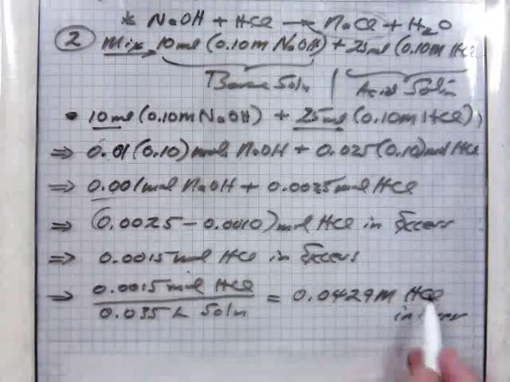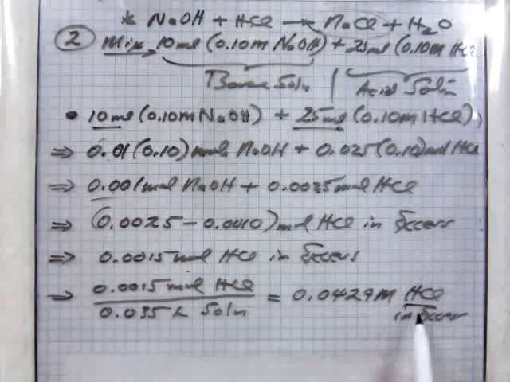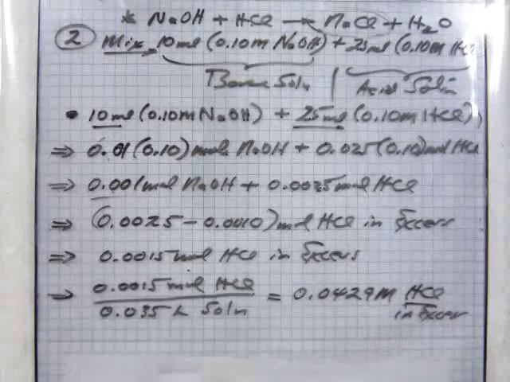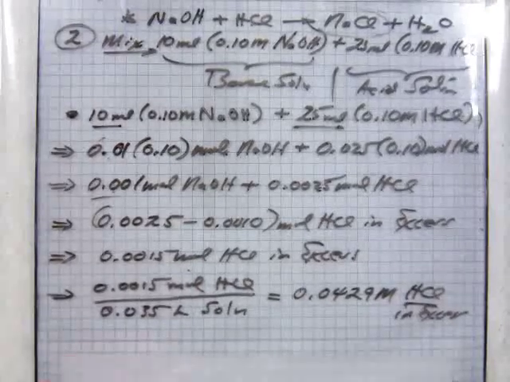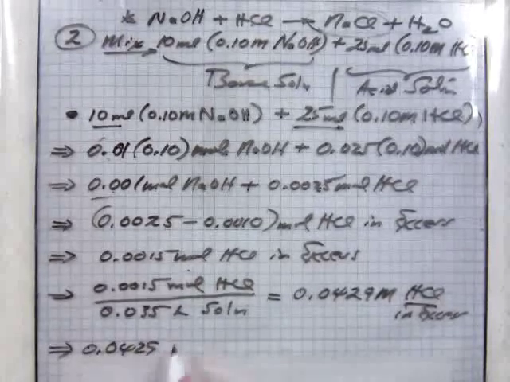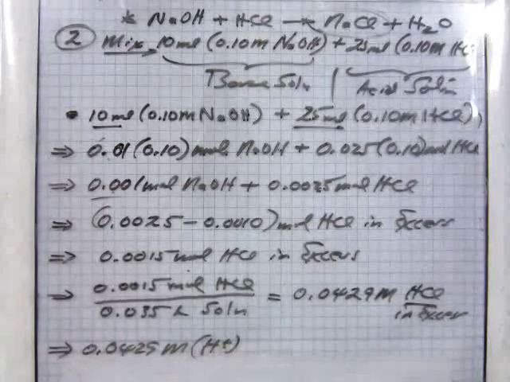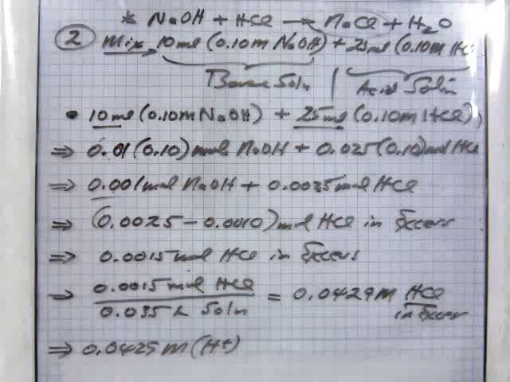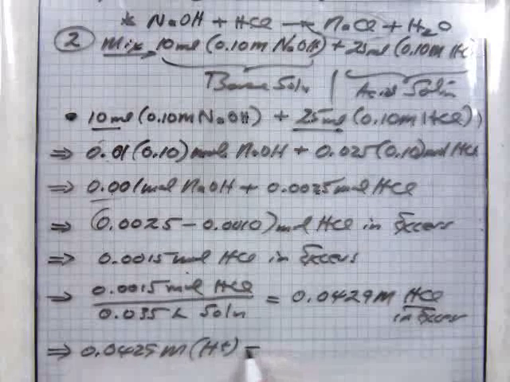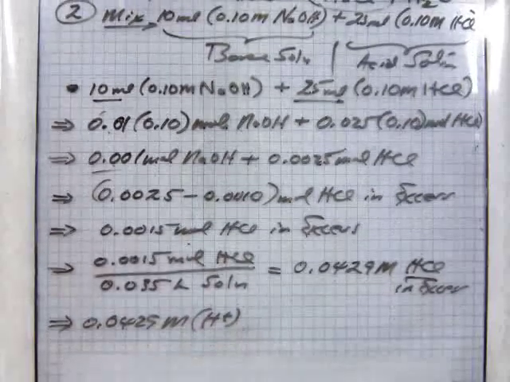Well, this is a strong acid. So while it generates HCl, it also generates 0.0429 molar in hydronium ions because it's 100% ionized. And so from this, we can get the pH for our first addition.